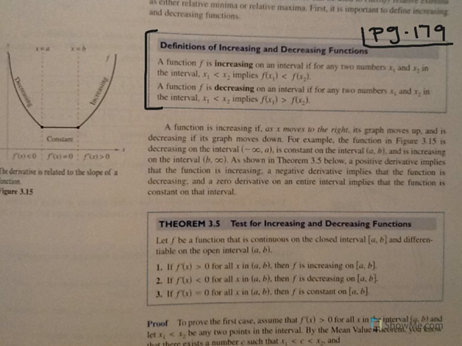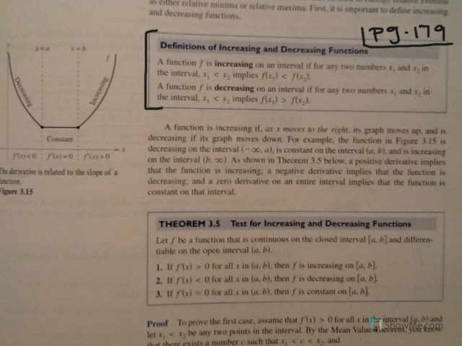So a function f is increasing on an interval if for any two numbers, x1 and x2, in a particular interval, x1 being less than x2, implies that f of x1 is less than f of x2. So, in other words, let's take a look at our picture.